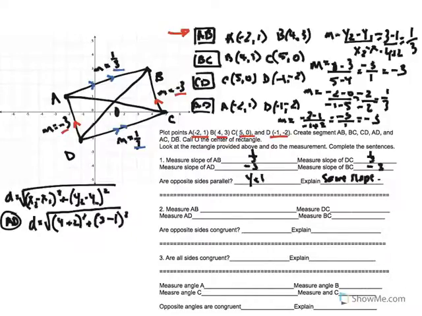So here we have 4 plus 2 gives me 6. 6 squared is 36. 3 minus 1 is 2. Squared gives me 4. Distance equals the square root of 40, which splits up into the square root of 4 times the square root of 10, and we have distance equals 2 square root of 10. So the distance of AB here is 2 square root of 10.